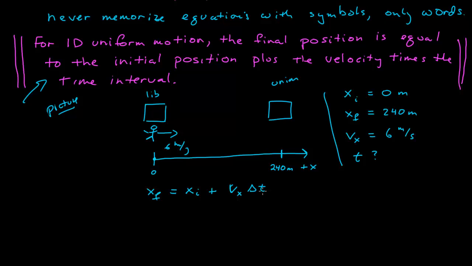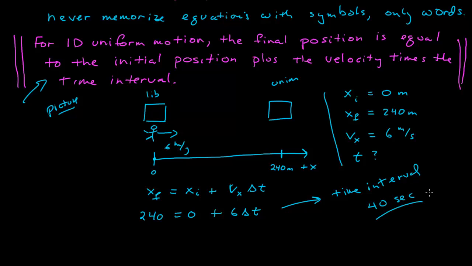I don't know 1. I have 1 equation and 1 unknown. And so that tells me I can solve this. So I have 240 is equal to 0 plus 6 delta t. And so my time interval is 40 seconds. Okay, so that's pretty simple.